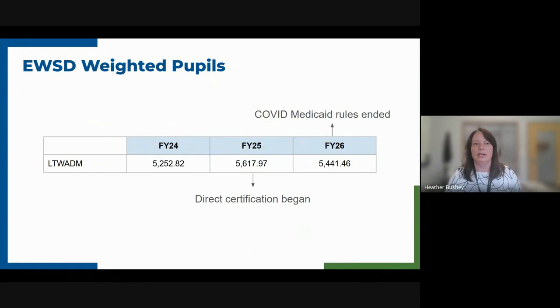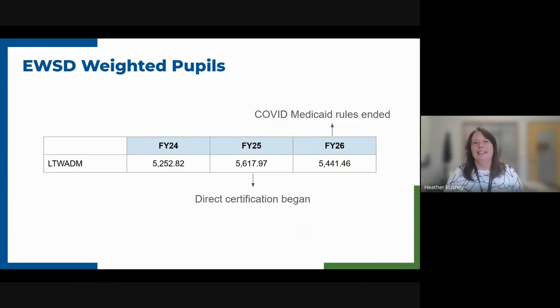In FY25, the state started doing direct certification. So we were getting data from programs like Medicaid and SNAP, where the state was able to access income information on students from other programs. We saw our student numbers increase in the categories that got the weights, particularly the free and reduced lunch category.